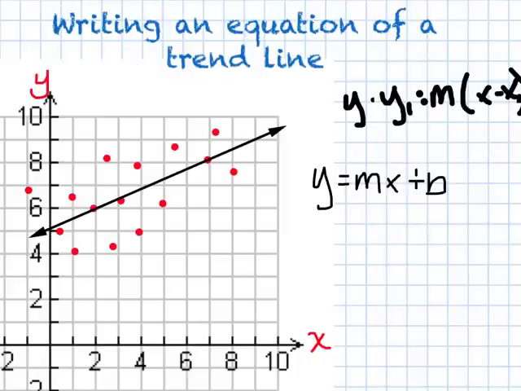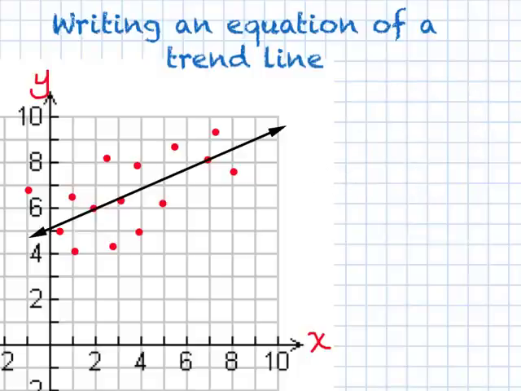So I'm going to rewrite my equation for point slope form just to make it a little nicer. That's y minus y1 equals m(x minus x1).